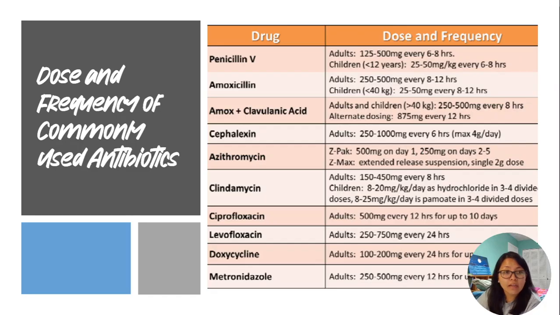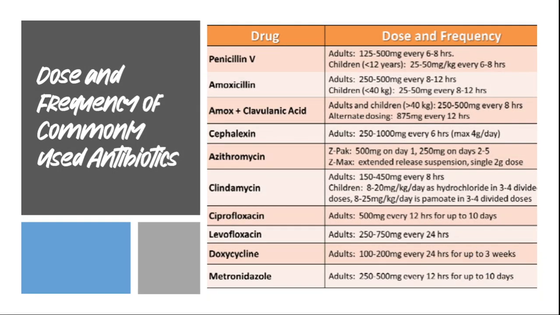Now, I have here a table of dose and frequency of commonly prescribed antibiotics. So you have here for penicillins, your amoxicillin, amoxicillin plus clavulanic acid, or this is your Augmentin or your co-amoxiclav, and this is your cephalexin.